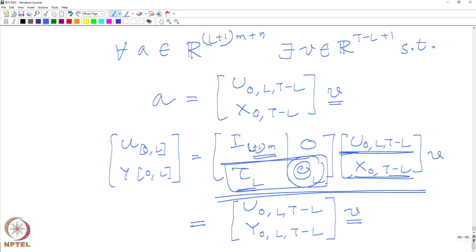Now it is so interesting, it is so fantastic. Why? Because what have we achieved?